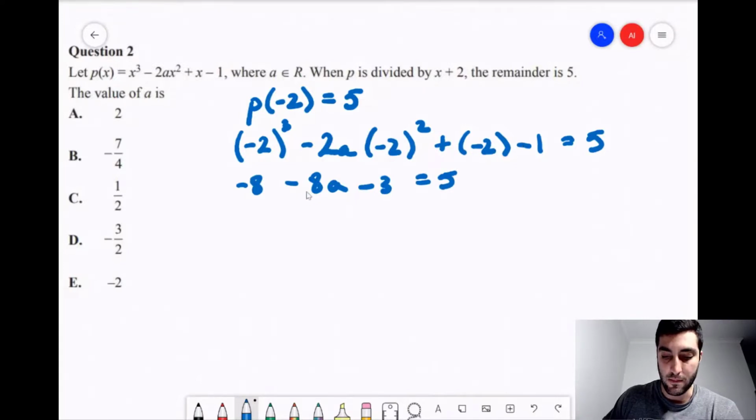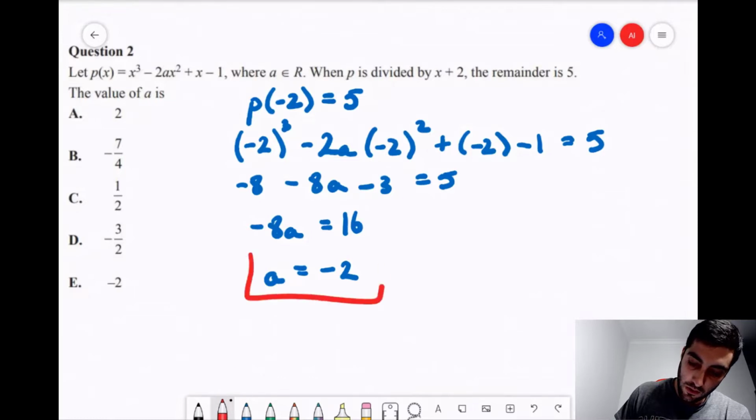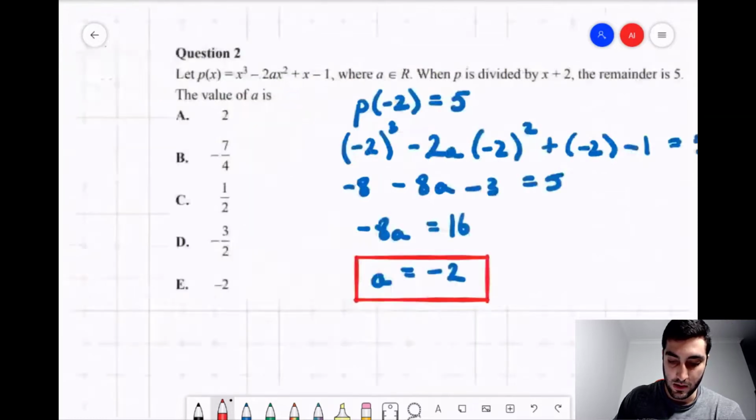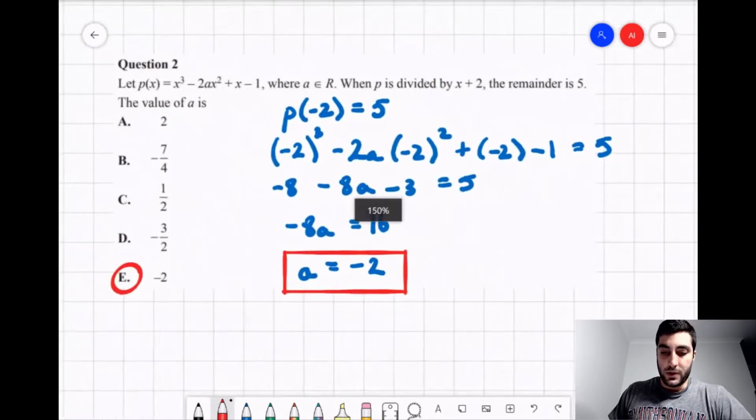Then if we add 8 and we also add 3 to both sides, we'll be left with minus 8a is equal to 5 plus 11, so that's 16. Last step, divide both sides by minus 8. We have a is equal to minus 2 as our answer. And hopefully that's one of the options here, and it is, that's E. Great. So not too difficult.